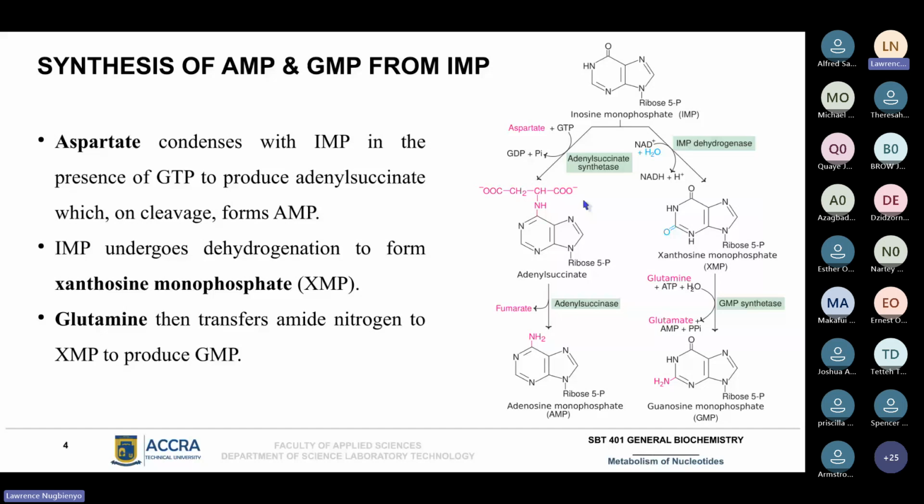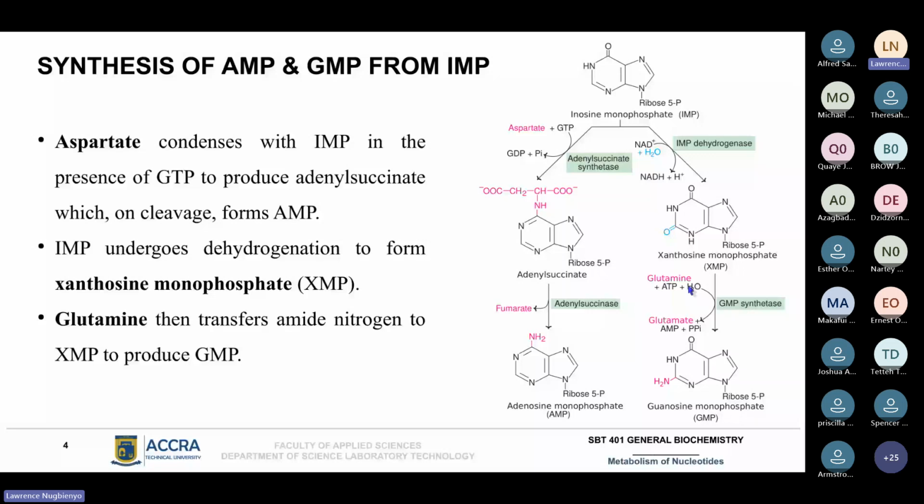So for instance, if you look at adenosine monophosphate, it's just an amine group which comes to replace that oxygen, and then the molecule is now complete, having given you the adenosine monophosphate. On the other part, the guanosine monophosphate formation, the amino acid that gives out the amine group is glutamine.